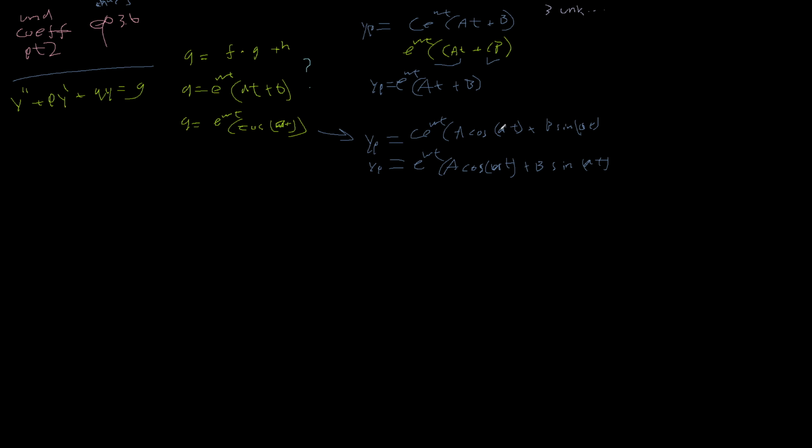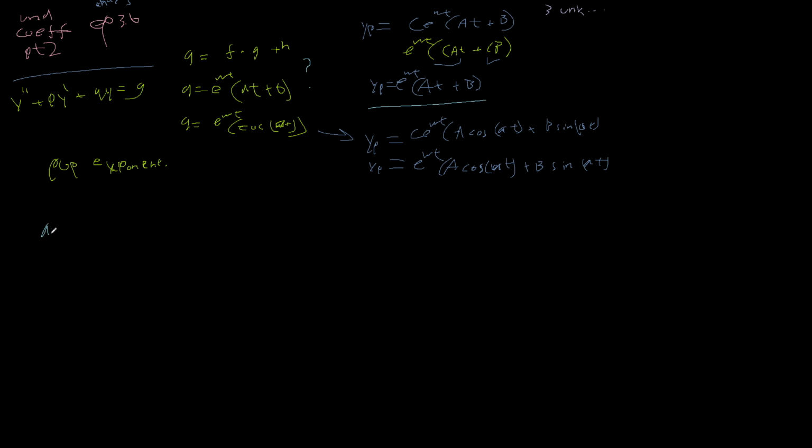So that's what we get. Essentially when we have the products, we just pop the exponential term out, and we find the yp of the other function. So we find that particular solution and then just tack an exponential term on top of that. So pretty easy, pretty simple.